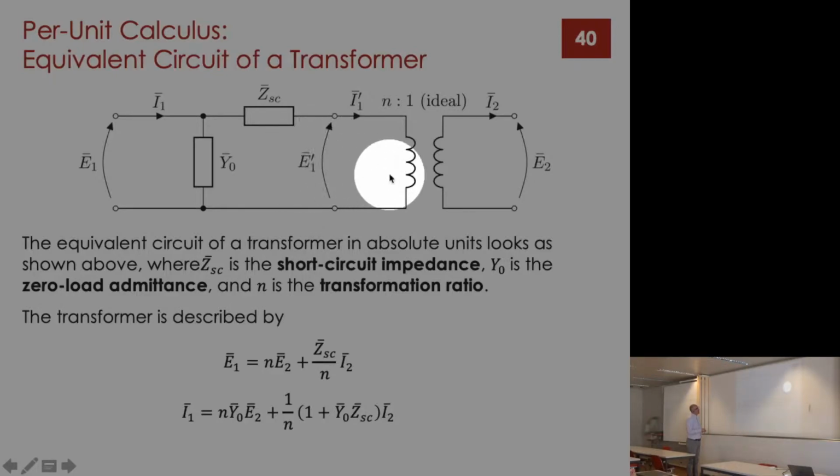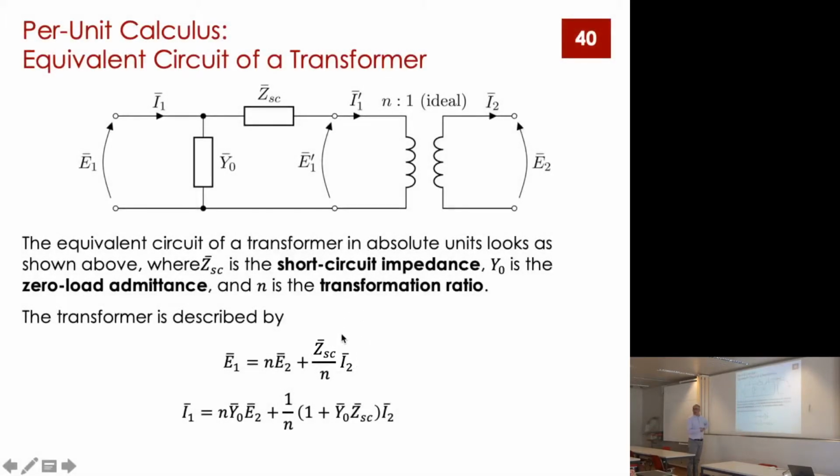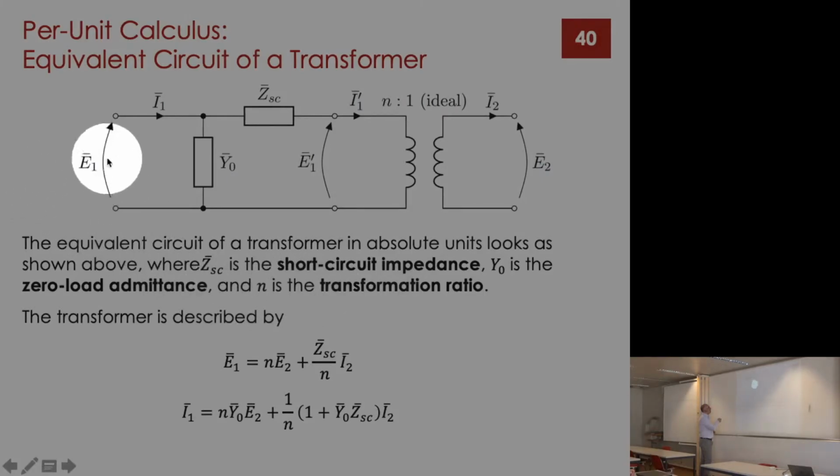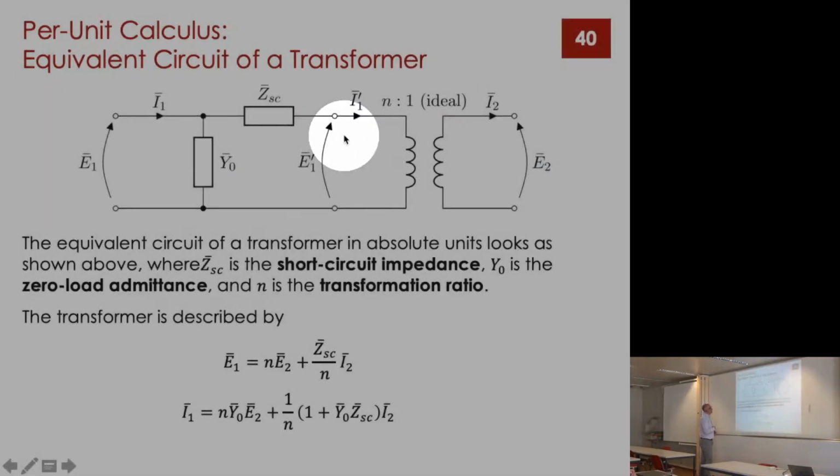Now E1 prime is equal to n times E2, plus the voltage drop on ZSC, so plus ZSC times I1 prime, but I1 prime is equal to I2 divided by n. This is how I derive this equation, applying Kirchhoff to the loop composed of E1 and E1 prime.